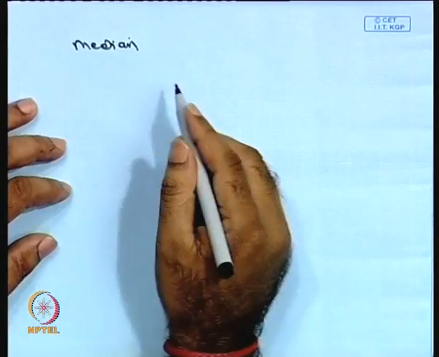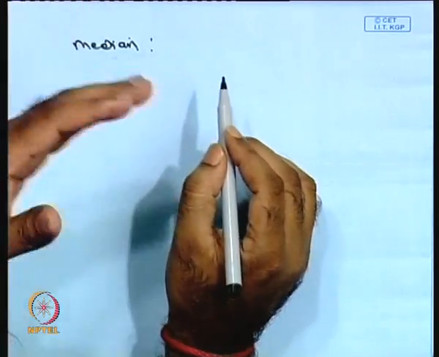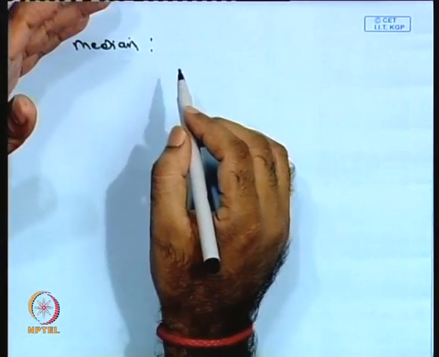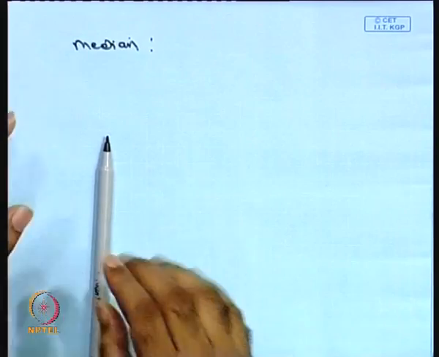Median is nothing but the middle value of the sequence. That means once you have a series of observations, the objective of the median is to find a particular value which can divide the observations into two equal parts. Okay, 50% above and 50% below.